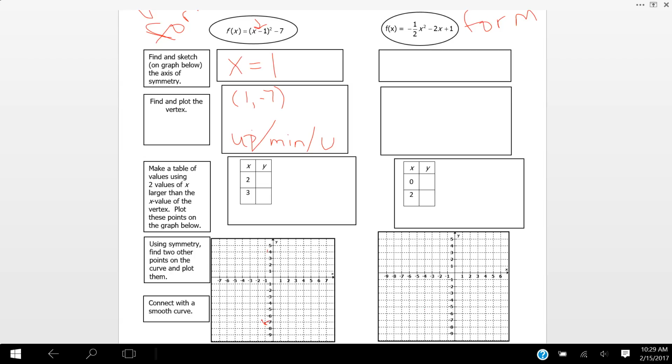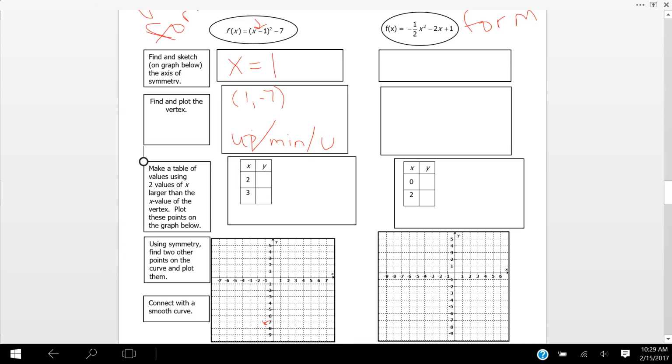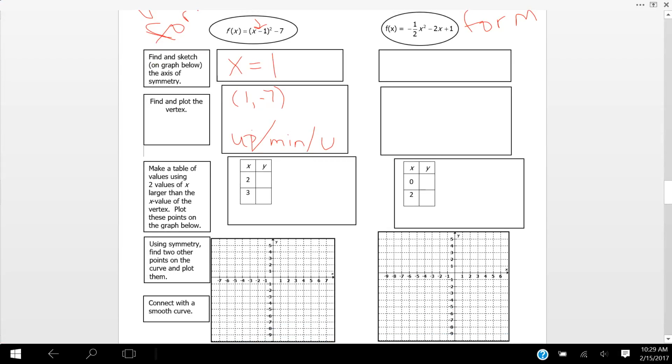Okay, my axis of symmetry is my -1. Is it -1? Oh, I just did that all wrong, didn't I? Dang. Okay, let's just erase that and try that again. So 1, -7, it would be over here, and my axis of symmetry would be right here.